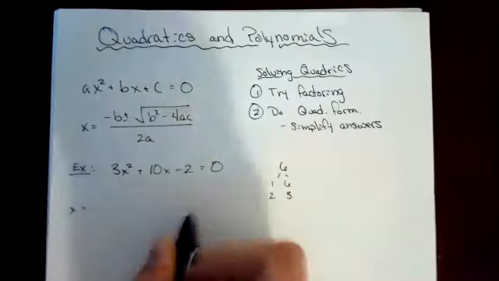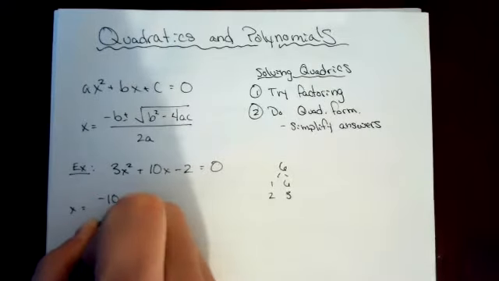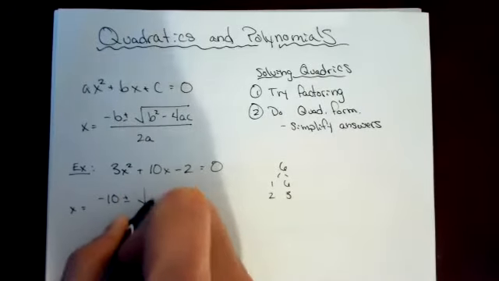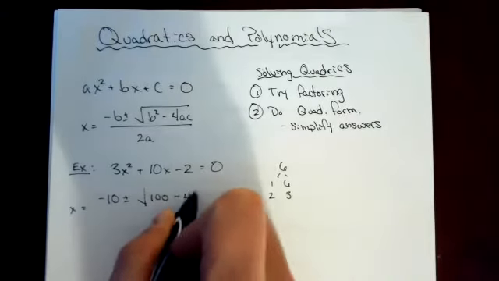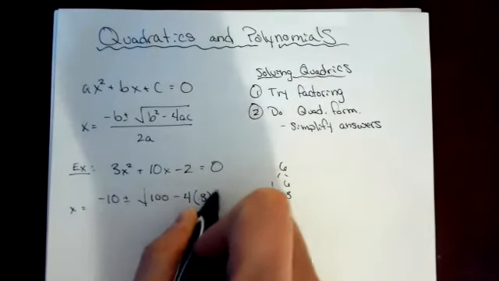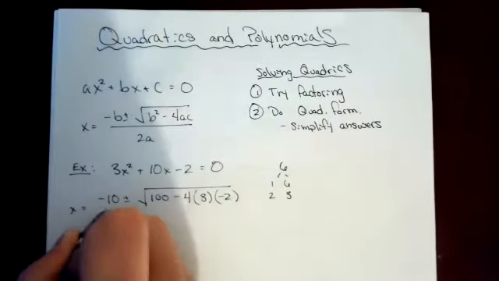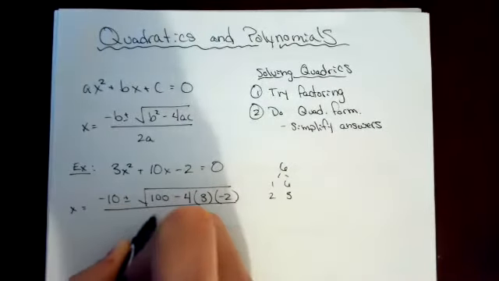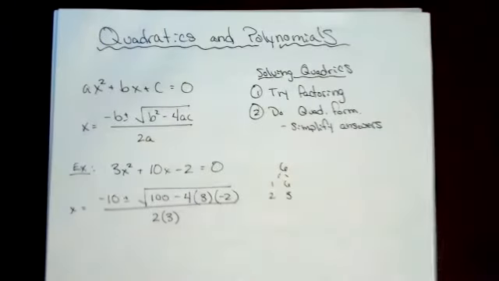And our solution is x equals the opposite of b, which is negative 10, plus or minus the square root of b squared, which is 100, minus 4 times a, which is 3, times c, remember that negative, gives us negative 2, all over 2 times 3.